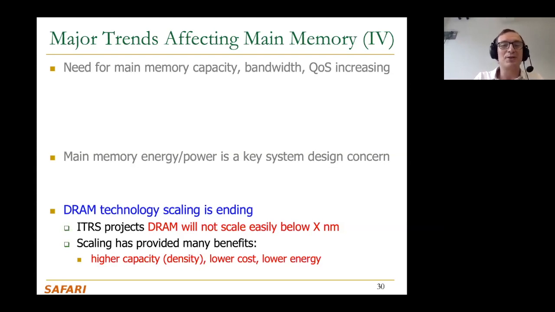Bob Dennard, who's also the inventor of DRAM in 1965, also wrote the seminal technology scaling paper on this, basically examining how much performance and power scale as you reduce the feature size of a transistor, for example.